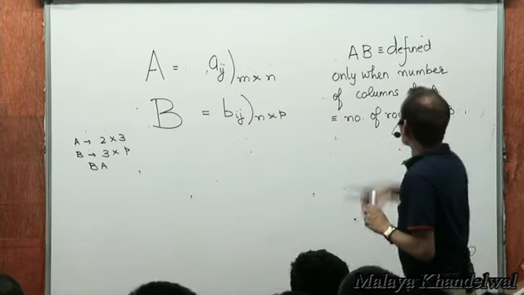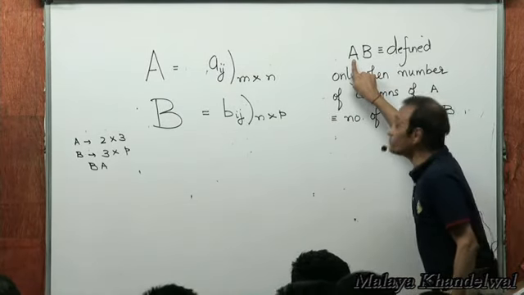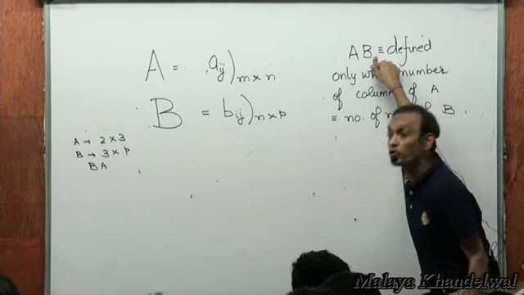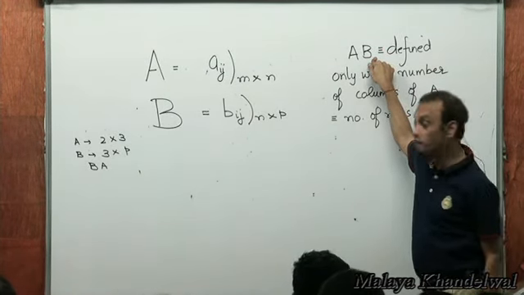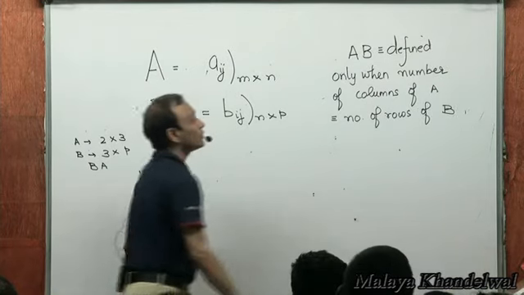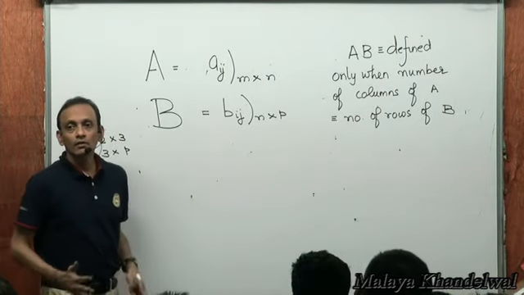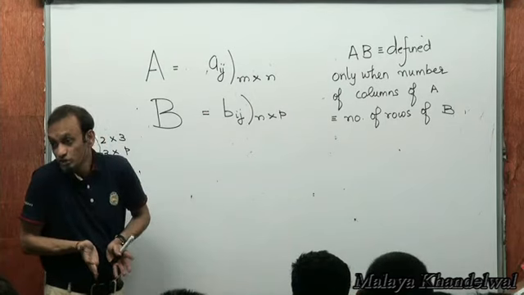Right? The number of columns of the first matrix must be equal to the number of rows of the second matrix. And once they are commensurate with this condition, they could be multiplied.